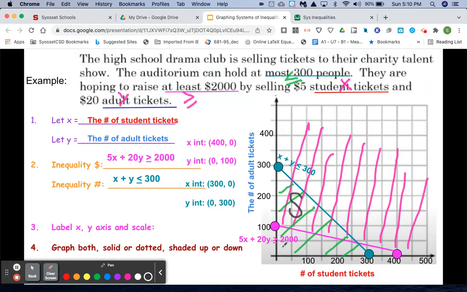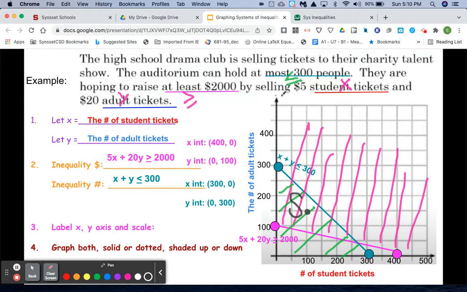And the next thing I'd like to do is pick a point within the solution set to make sure that this is the correct solution set. If this is the correct solution set, then this point, 100, comma, 150, seems to be well within the solution set. So if 100 students bought tickets and 150 adults bought tickets, it would satisfy both constraints.